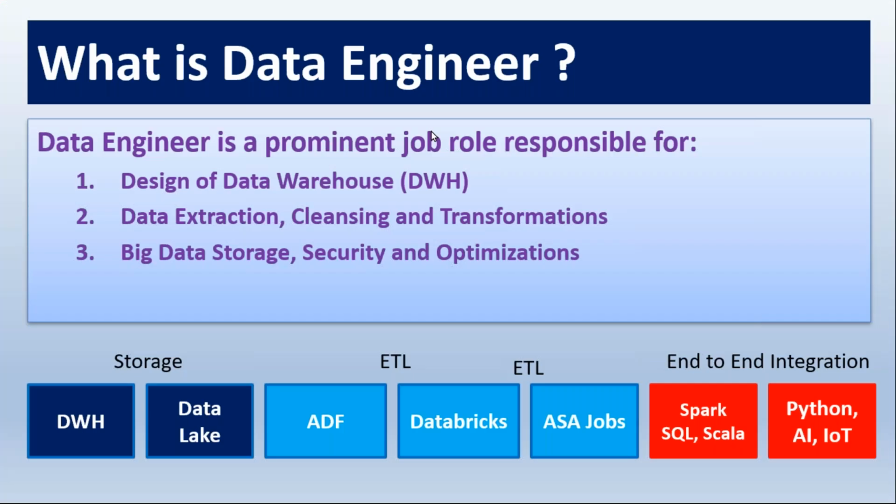So as a data engineer, we are responsible for data warehouse design, extraction, cleansing, and transformations, storage, security, and optimizations. Three major activities. This security and optimizations are something like admin tasks, warehouse admin activities, but we need them.